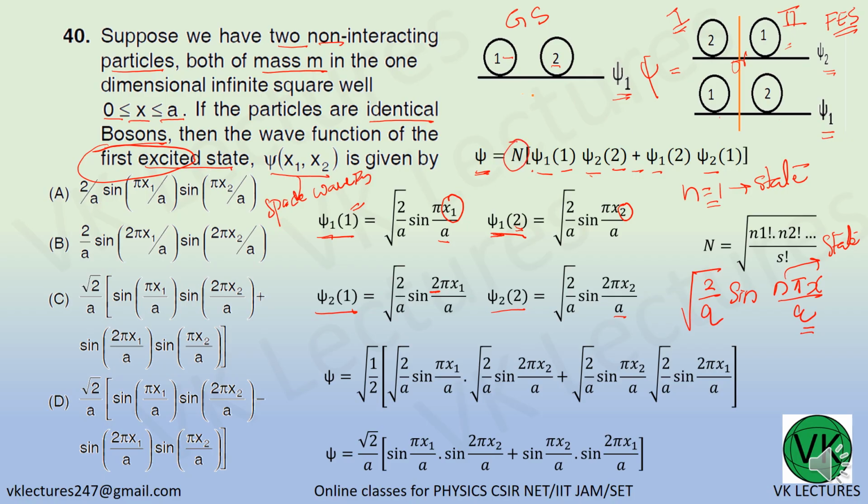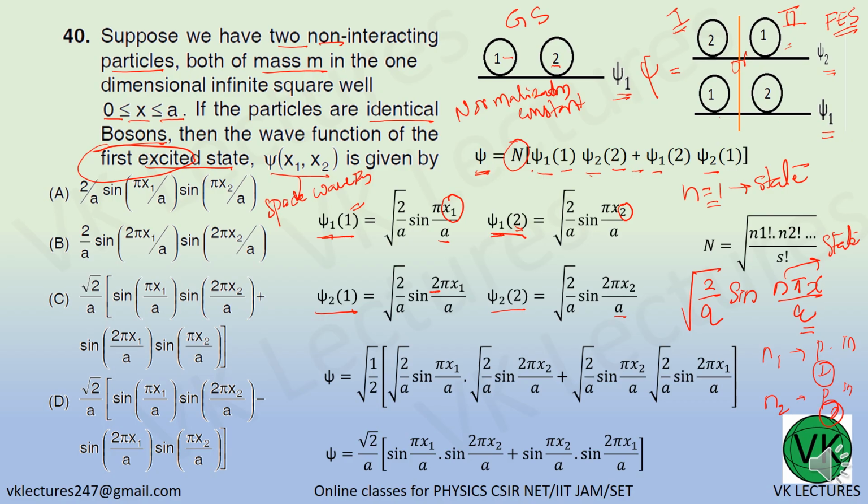N is nothing but the normalization constant. It is given by under root n1 factorial into n2 factorial divided by s factorial. n1 is the number of particles in the first state and n2 is the number of particles in state 2.